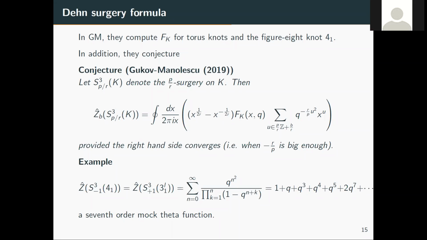To give you an example, if we consider the 0 surgery on the trefoil knot or the figure 8 knot, then there is more than one block, and the one corresponding to the abelian flat connection is just the first coefficient of FK, which is just 1. And then there are more blocks. I see. Okay, thanks.